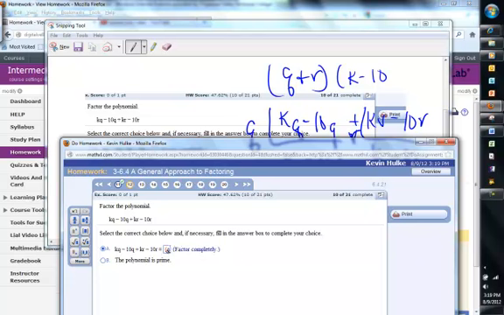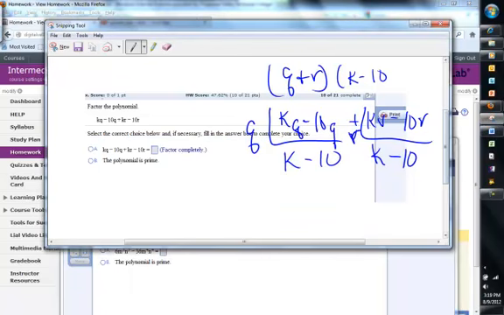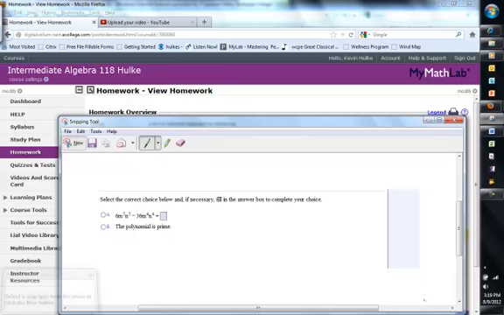Parentheses q plus r, parentheses k minus 10. Okay, next one. Looks like we should take some stuff out of this one to make it easier to factor. 6m to the 5th n to the 5th minus 36m to the 4th n to the 4th.